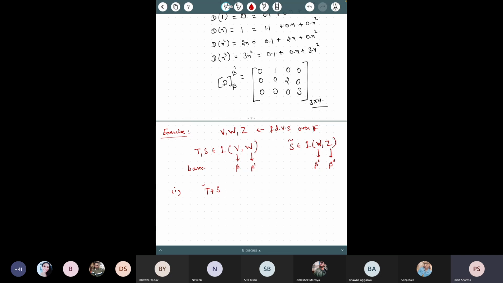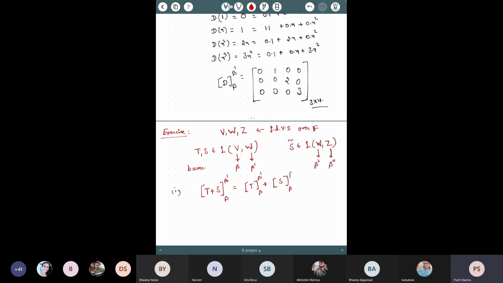In fact, you can show that the matrix of the sum is equal to the sum of the matrices. So that means the matrix representation of T plus S with respect to B and B dash is equal to the matrix of T plus the matrix of S with respect to B and B dash.